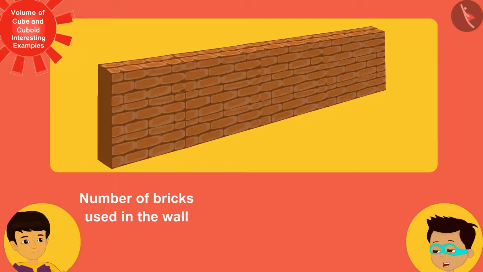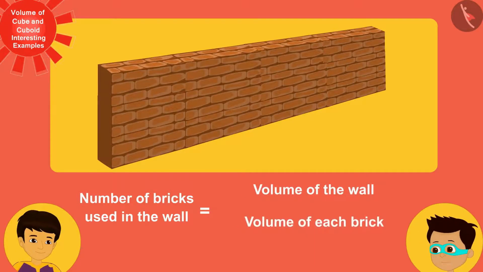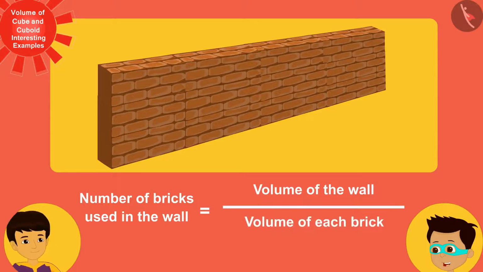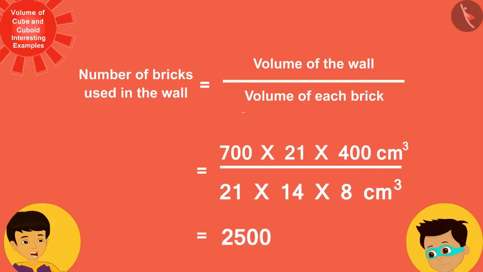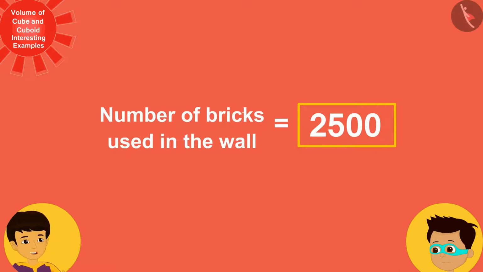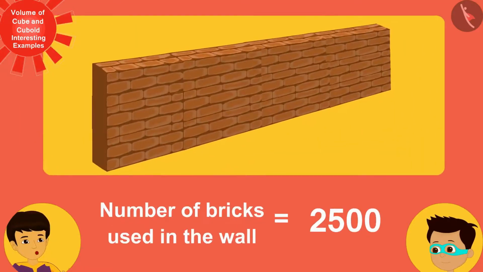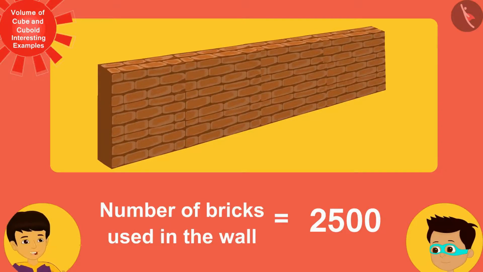Now, to find the number of bricks in the wall, we only have to divide the volume of the wall by the volume of each brick. Thomas! On solving this, we can see that 2,500 bricks have been used in the wall. This was done very quickly and easily instead of wasting a lot of time in counting each brick.